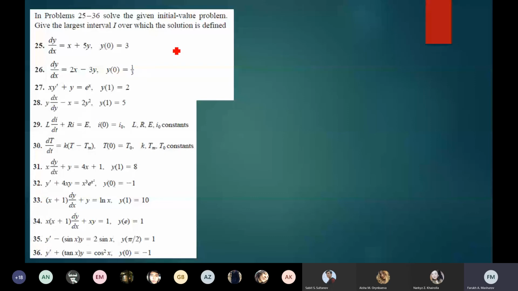Here again, if you write this one in standard form, what we need to write here? Minus 5y will be x. So from here you need to just find again, you need to find y. This one is linear. Since it is linear, you need to use the formula. Again, after finding y, you need to put instead of x 0 and instead of y 3 and find c.